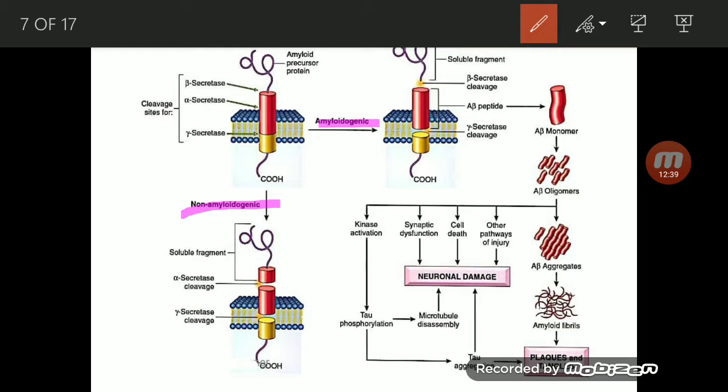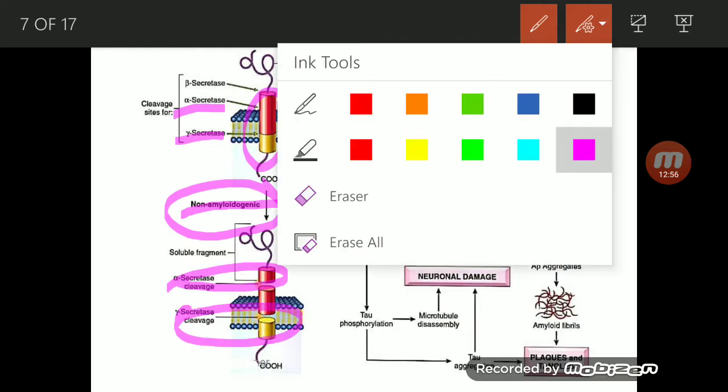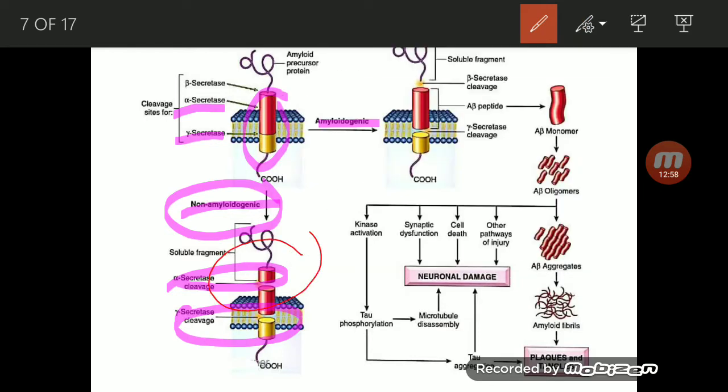In case of non-amyloidogenic pathway, your protein is cleaved by alpha secretase and gamma secretase. Okay, when it is cleaved by alpha secretase and gamma secretase, your product that you get, which comes out, is a soluble fragment. It does not accumulate inside your body, so it does not help in development of any pathological condition.